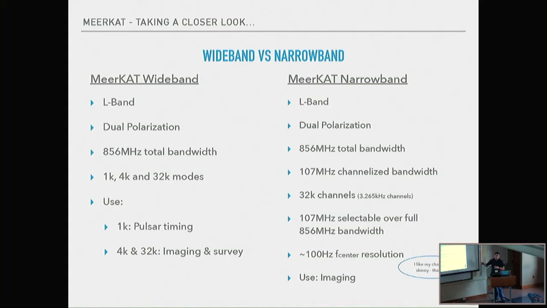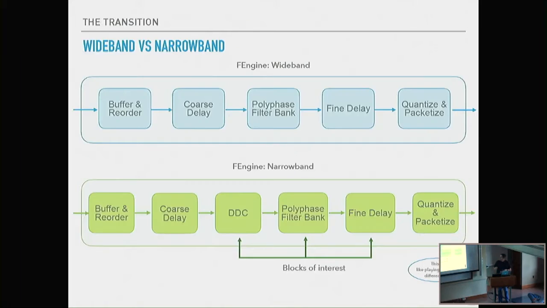Naturally, 32,000 channels on a smaller slice of the band is going to give you a far finer frequency resolution. If we look at some of the use cases, in our wideband case, we use it for things like pulsar timing, imaging, and survey. And in the narrowband case, it's spectral line or imaging work.